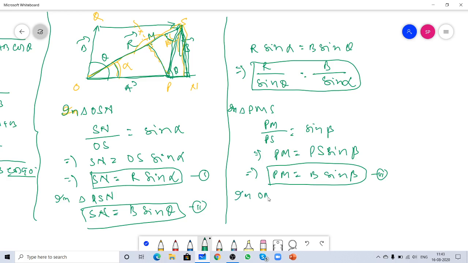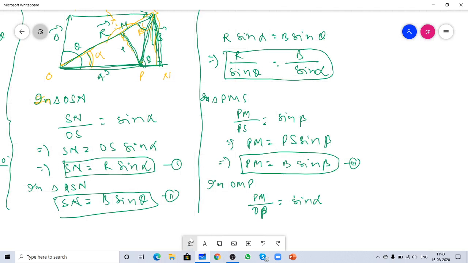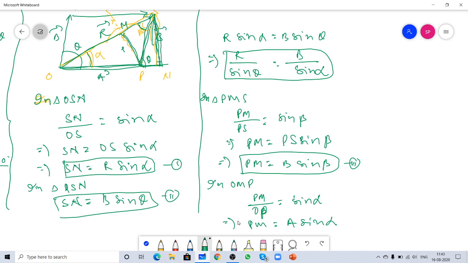So in triangle OMP, similarly PM by OP, OP is the hypotenuse, this is your perpendicular, P by H is sine, so here the angle is alpha, sine alpha. Or you can write PM is equal to OP sine alpha. OP is A, so I am writing directly PM is equal to A sine alpha. So now this is equation 4.